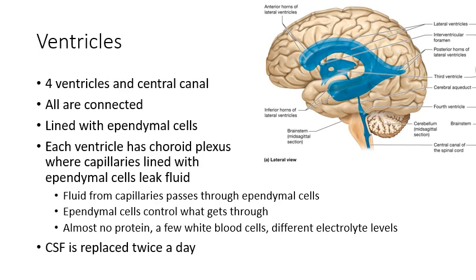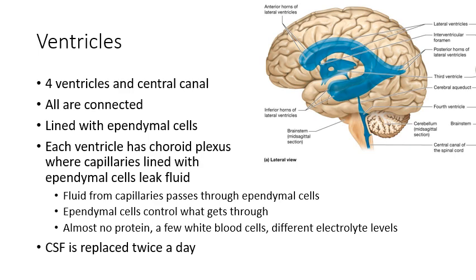And within these ventricles, you have specialized ependymal cells found in the choroid plexus, where you have a lot of capillaries that are leaking plasma out into the ventricles, basically, and that's where the cerebrospinal fluid is formed.